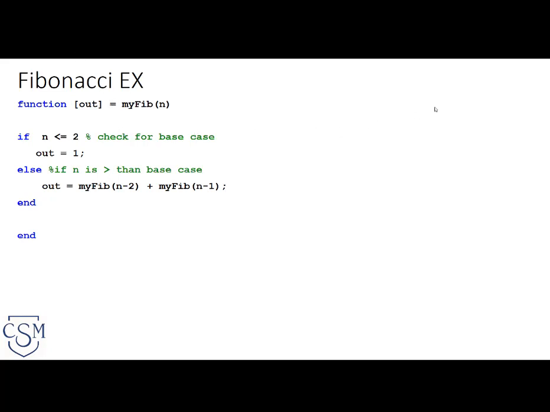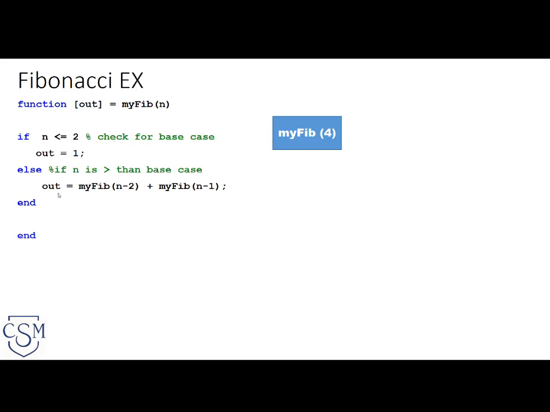So here we have our function, and let's take a look at how this would run with the branching and how it differs from a linear recursive function. Let's say we called myfib and passed it 4. So we want the fourth Fibonacci number in the sequence. It checks if n is less than or equal to 2, which it's not, so it goes into the else part of the if statement, and the output will start to be assigned to myfib of n minus 2.